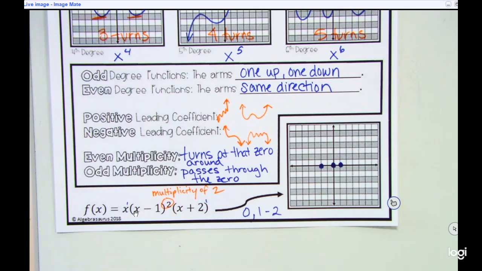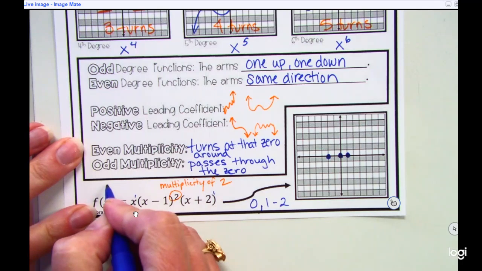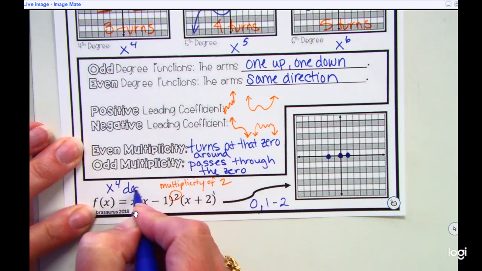Is this one going to give you an x squared? Yeah. Times another x, which would be x cubed, right? And then do I have another x? So am I going to end up with something, something, something, but an x to the fourth? Absolutely. So I know that this has a degree of 4, right?